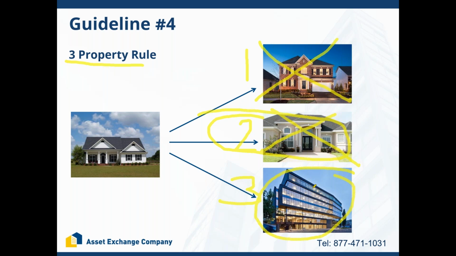If you, for some reason, cannot acquire this property, guess what, ladies and gentlemen? You're out of luck. All right? Property number 3 gets sold to someone else. You cannot go out and submit any other properties after day 45. We cannot release funds for any other property because it wasn't specified. So you, at that point, become a taxpayer.